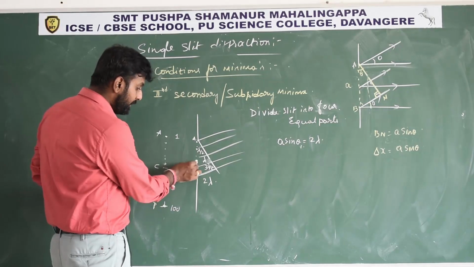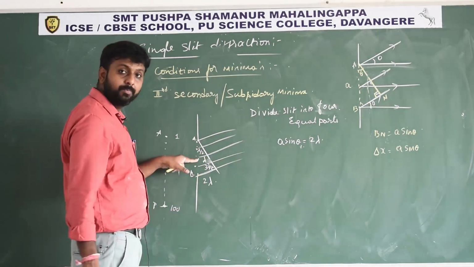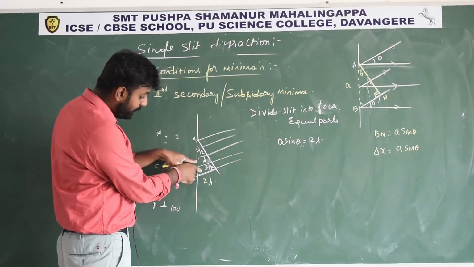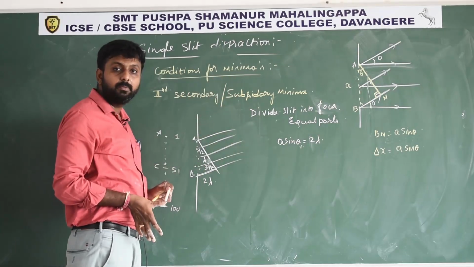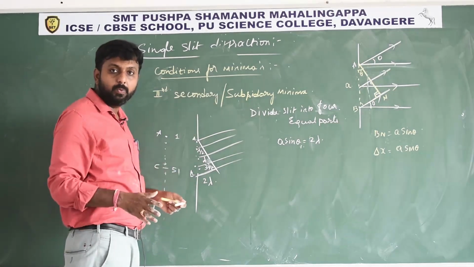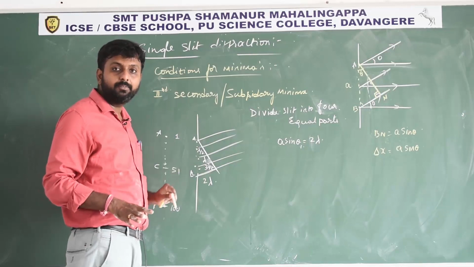And one point you can consider in the second upper half, then a corresponding point you will get in the second lower half, between them also the path difference becomes lambda by 2. So the path difference between two waves is lambda by 2. They are superimposing, which means definitely at that point a dark fringe will form.